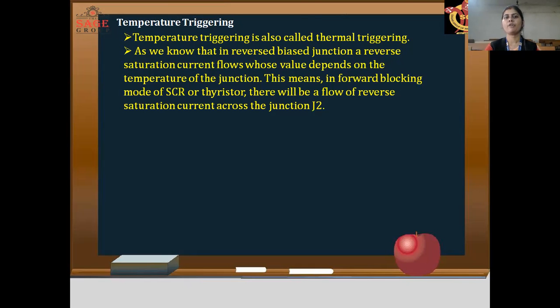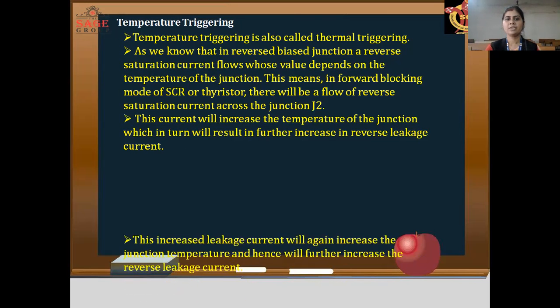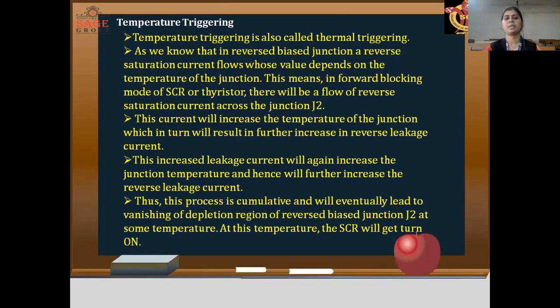This means that in the forward blocking mode of the SCR or thyristor, there will be a flow of reverse saturation current across junction J2. This current will increase the temperature of the junction, which in turn will result in a further increase in reverse leakage current. This increased leakage current will again increase the junction temperature and hence further increase the reverse leakage current.